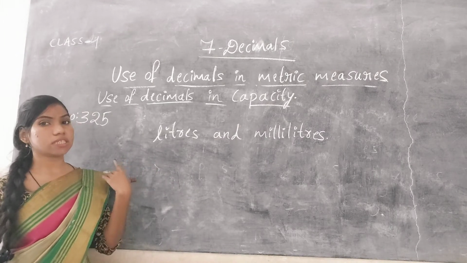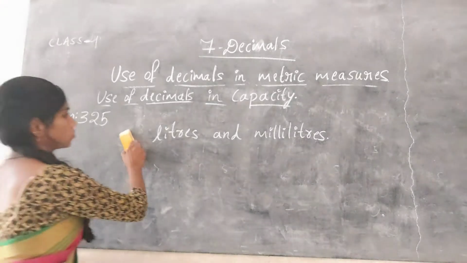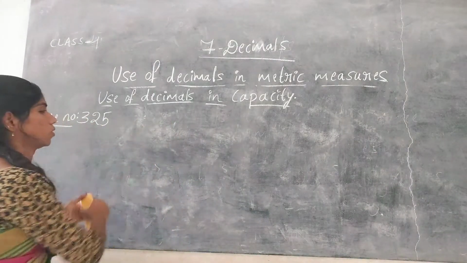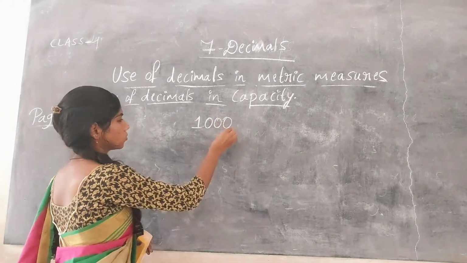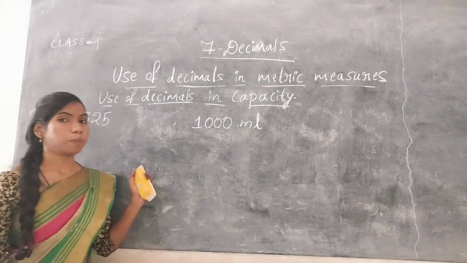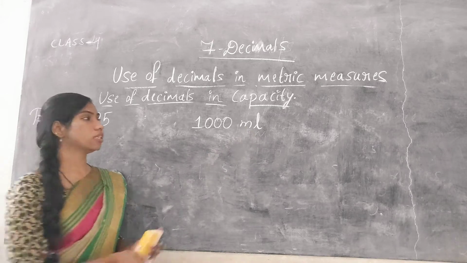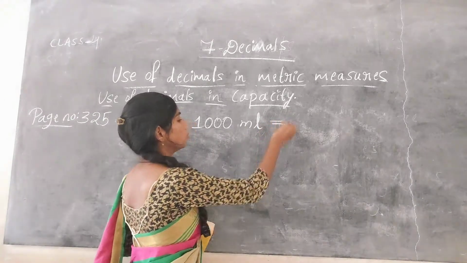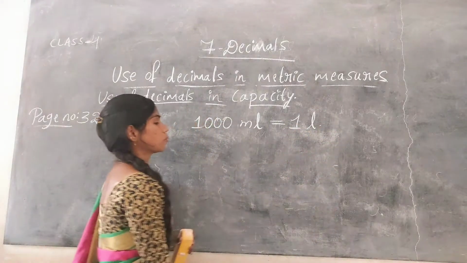So 1 liter is equal to 1000 milliliters. ml means milliliter. Remember this. 1000 milliliters is equal to 1 liter.